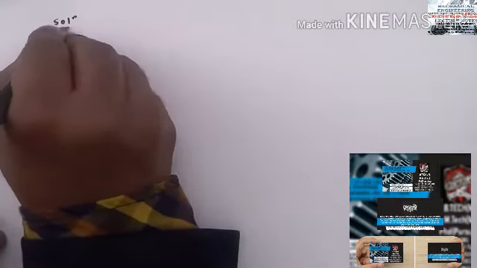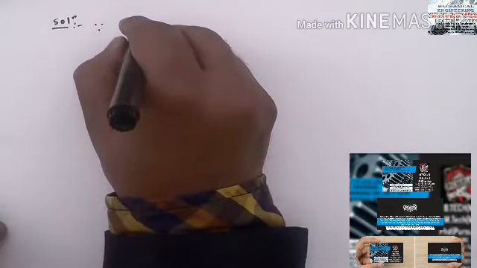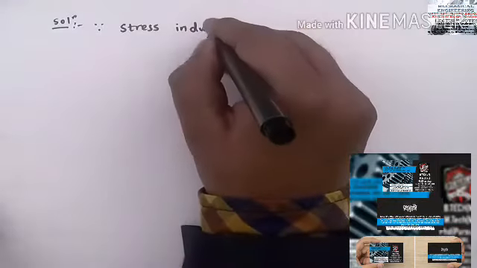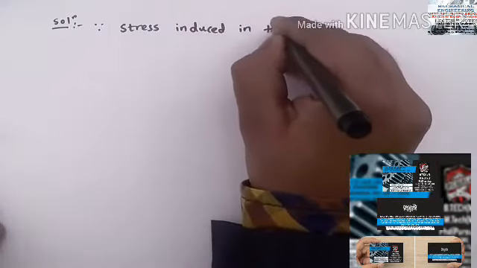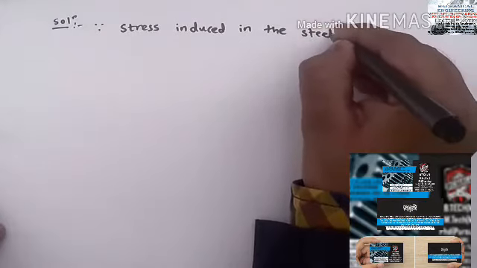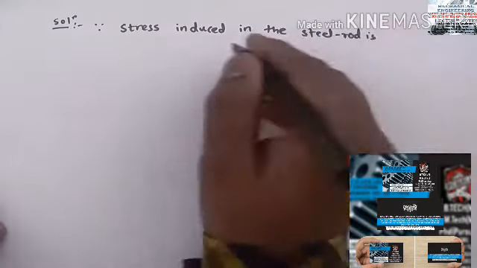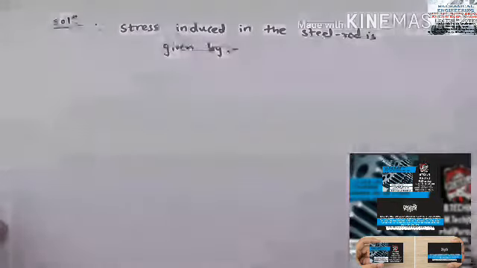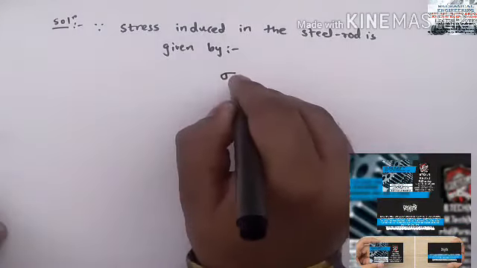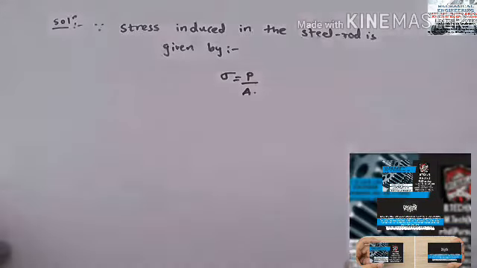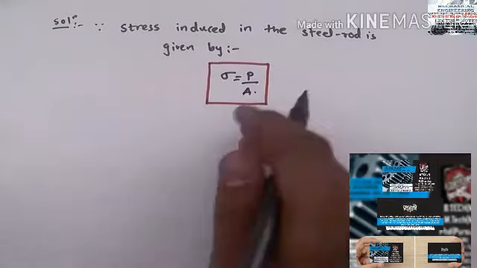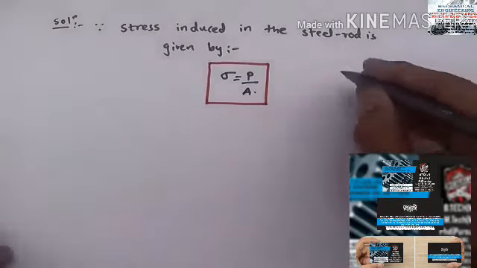Solution: since stress induced in the steel rod is given by stress is equal to load upon area, and area it is given in the form of a rectangle.